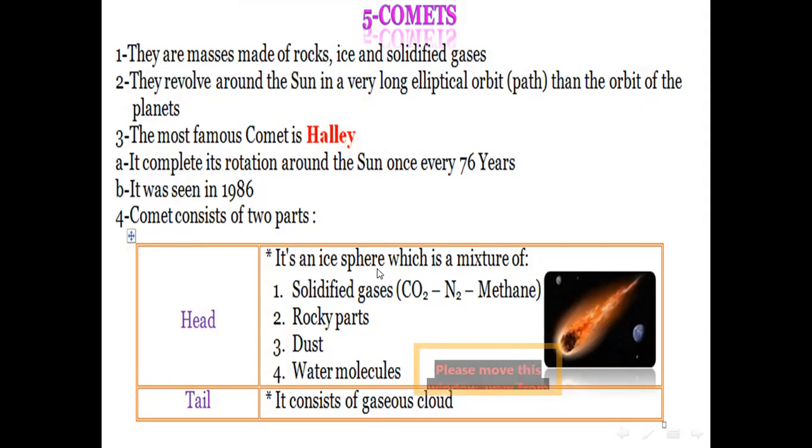Number two, rocky parts. Number three, dust particles. Number four, water molecules. This concerns the head. But the tail consists of a gaseous cloud.